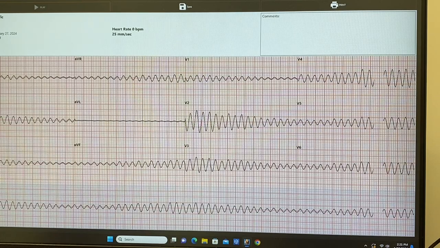So far, as far as the rhythm, it looks regular just looking at it.